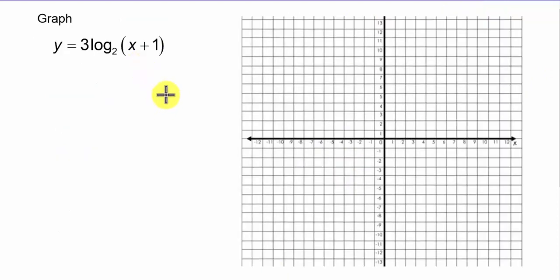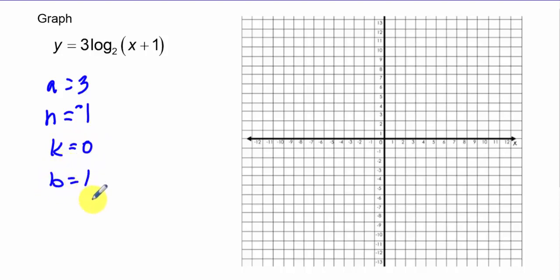Moving forward, we see that we have an a value here and an h value of negative 1. Everything else is 0. So I know that k is 0 and b is actually 1.